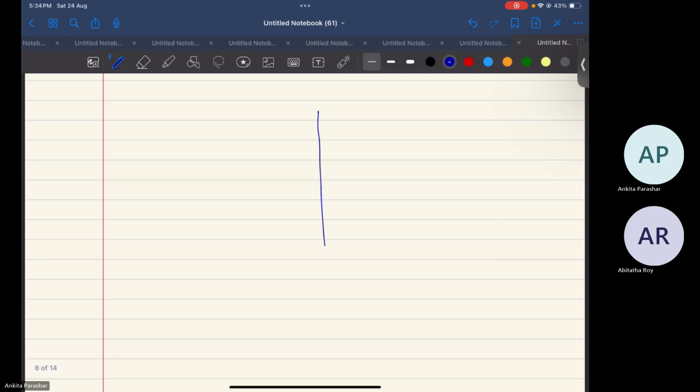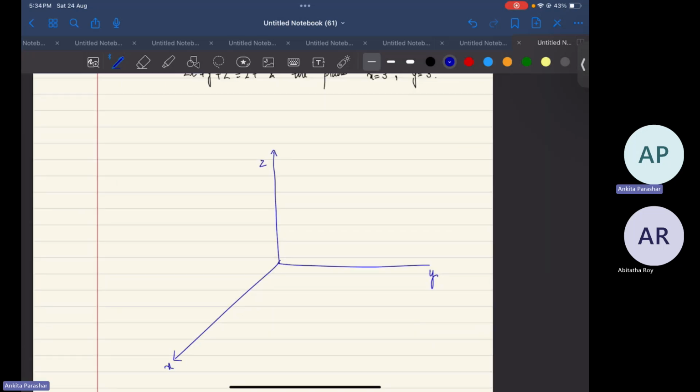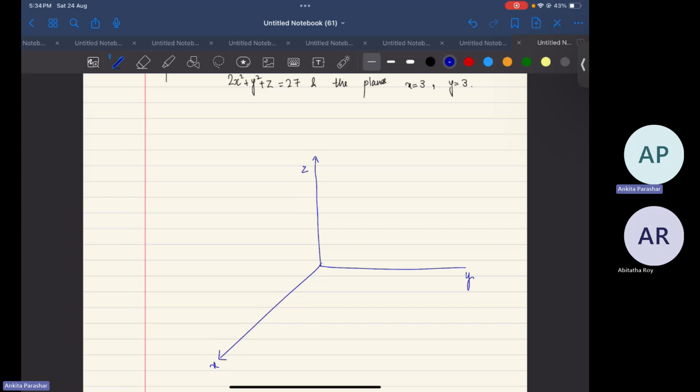But okay, let me draw the graph. This is my y-axis, this is my x-axis, and this is my z-axis. And the graph is 2x square plus y square plus z equal to 27. Suppose for the moment I put x equal to 0, as you said, then the graph is y square plus z equal to 27. How do we draw it?